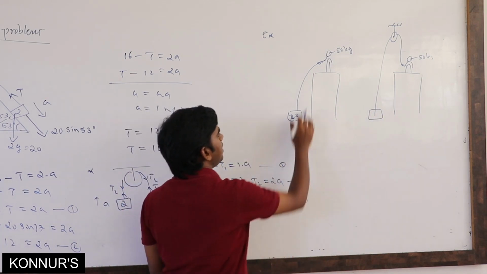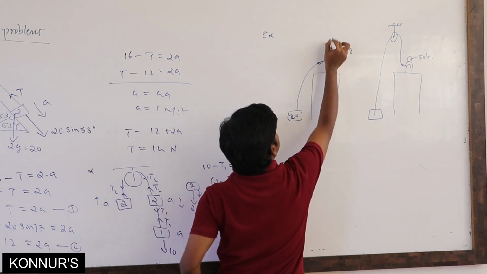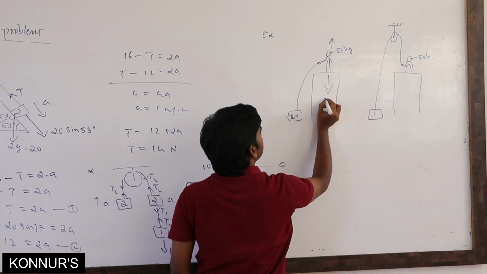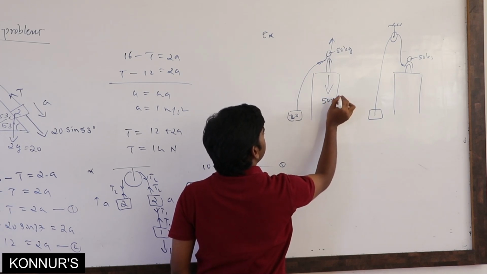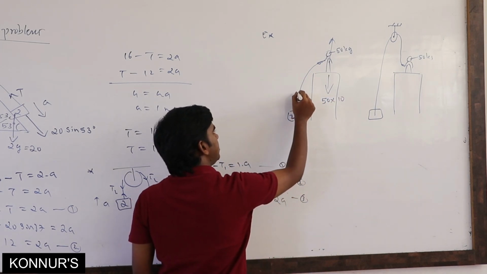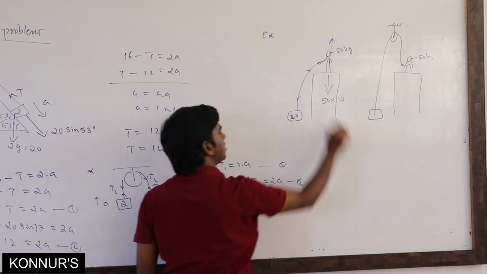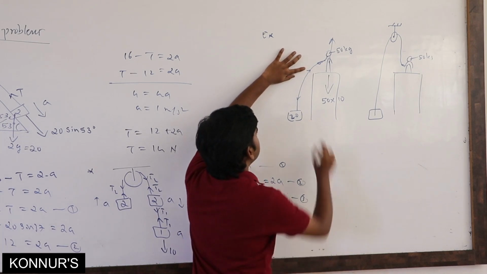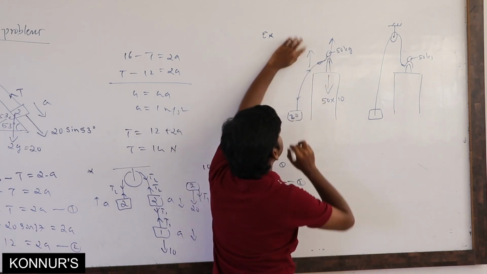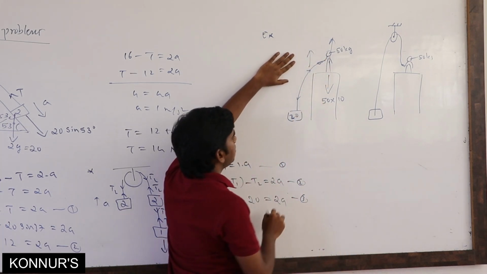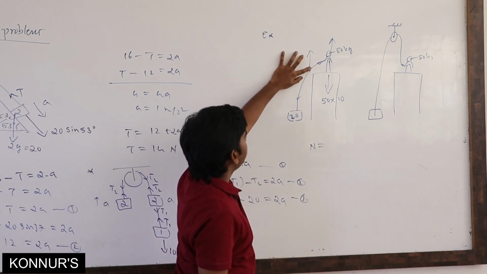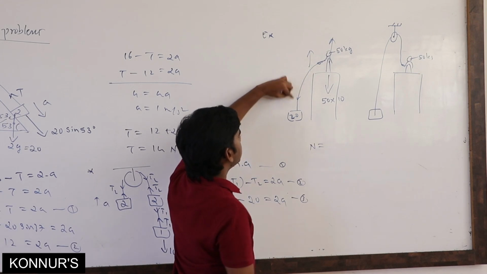Now here, what is the normal? Normal equals net downward force. What is the net downward force? It is 50 into 10. Here tension is in this direction. Okay. So what is the normal then? Tension direction is like this only.